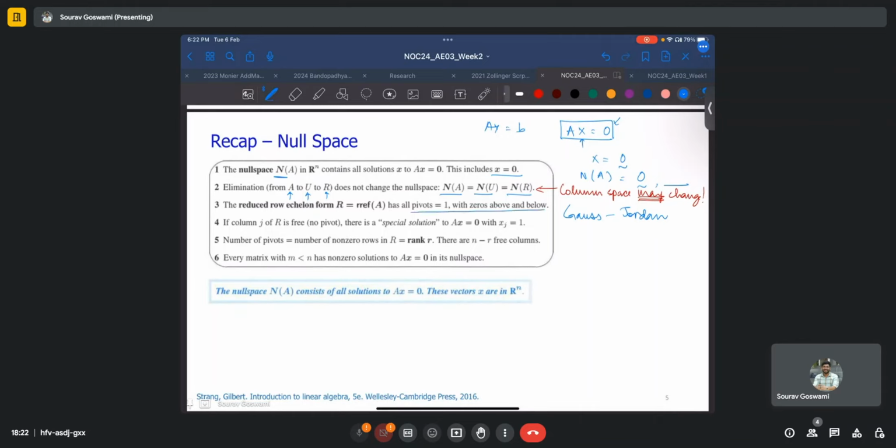What are pivots? Say we have a matrix, say 1, 2, 3, 4, 1, 1, 1, 1, 2, 3, 4, 5, for instance.